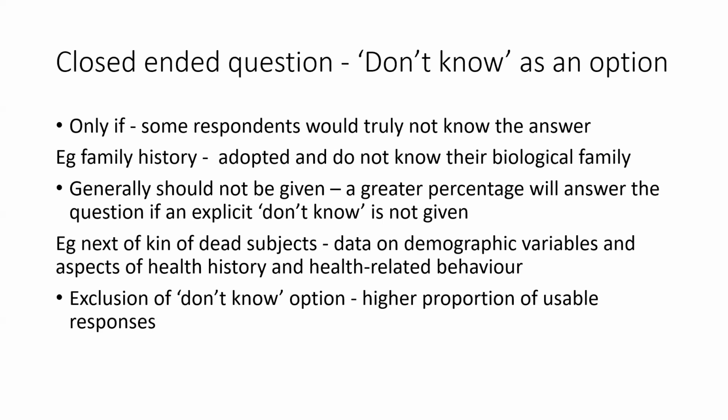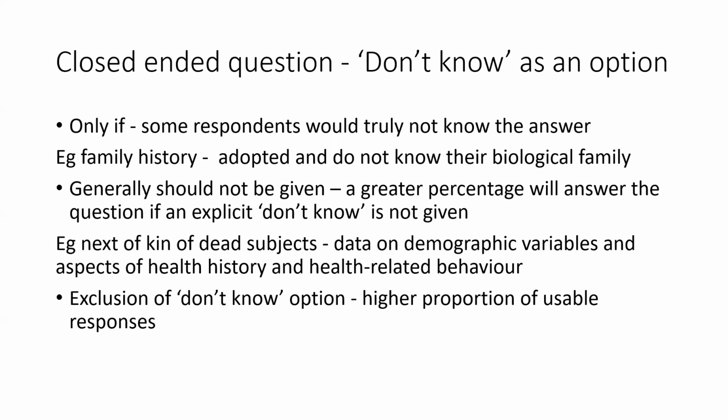Then they may really not know, and that option becomes relevant. But what happens if you give this don't know as an option to each and every question? The respondent will find it easy to tick don't know, and you will see that a greater percentage of respondents have chosen don't know, right?